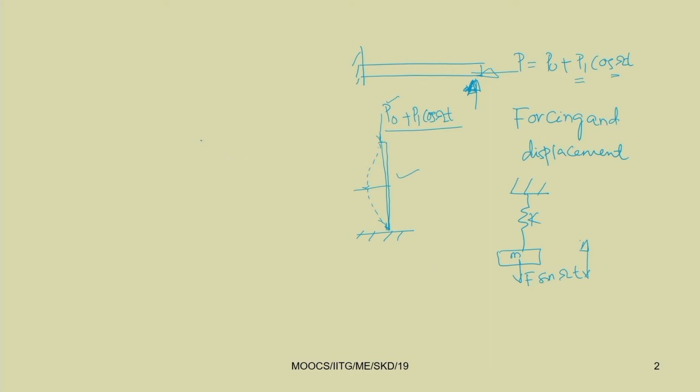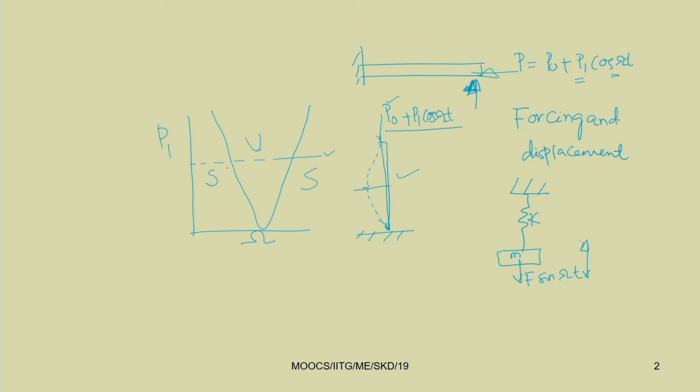If you plot these, sometimes you may plot P1 for a particular value of P0. If you plot P1 versus omega, you can get a certain curve like this, where you can tell when the beam will buckle. For example, let us take this value of P1. In this case, this region is stable, this is unstable, and this is stable again.